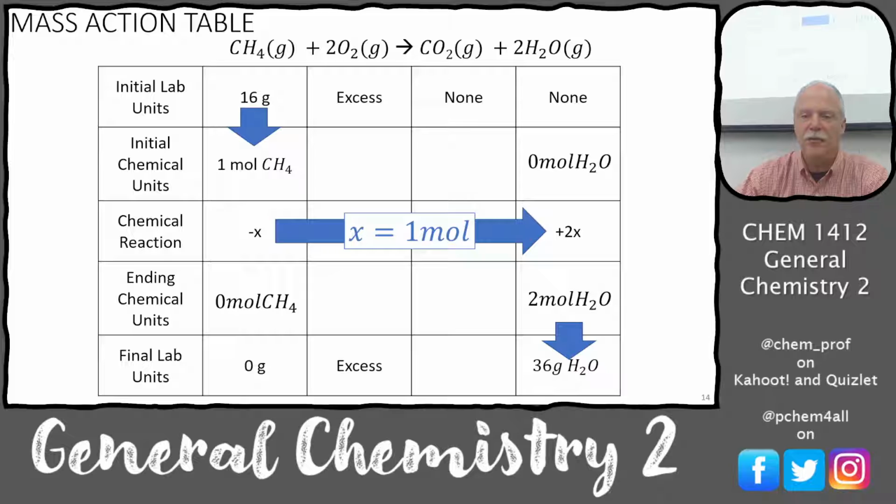And then we multiply that by 18 grams per mole, and we end up with the 36 grams. Okay, so that's using the mass action table to do the same problem. You know, this 1 right there and the 2 here, that's what took care of that mole ratio step.